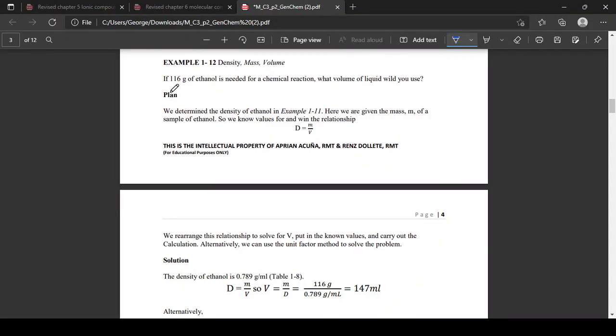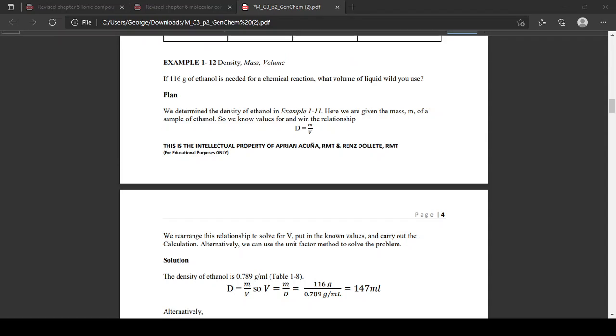For example, kids, if 116 grams of ethanol is needed for a chemical reaction, what volume of liquid will you use?